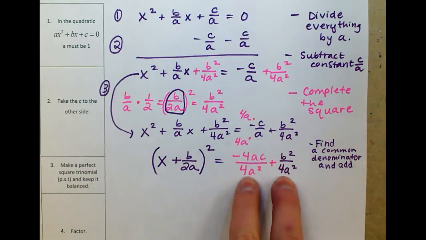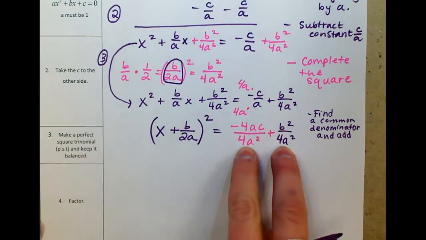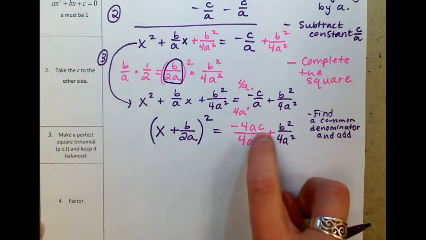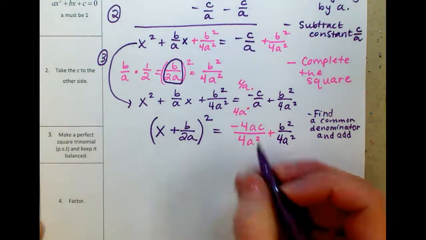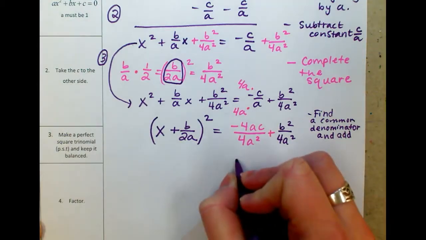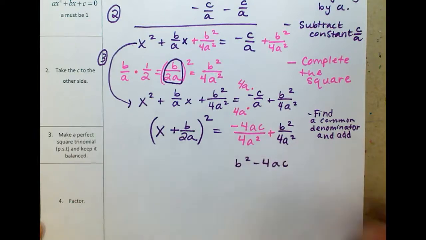Now that we have a common denominator, we can add these together. Notice when we add them together though, negative 4ac and b squared are not like terms. I'm going to write them right here. So I have b squared minus 4ac.